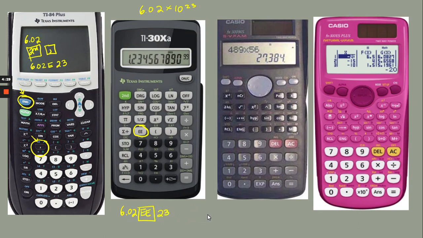Again, no times sign, no 10, no caret. And when your answer comes out, if you see up here on the screen, you've got the answer and then the power is here. So this would be 1.23 times 10 to the 99th power. Okay, so these have an EE button right here.